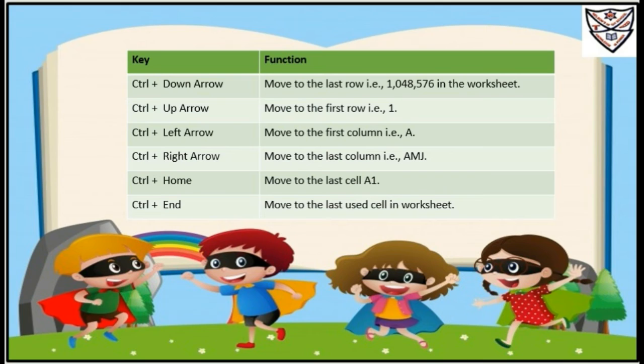Control plus left arrow: move to the first column, that is A. Control plus right arrow: move to the last column, that is AMJ. Control plus home: move to the cell A1. Control plus end: move to the last used cell in the worksheet.